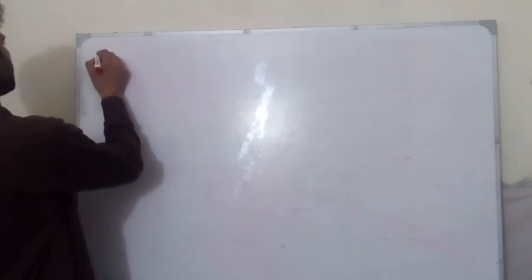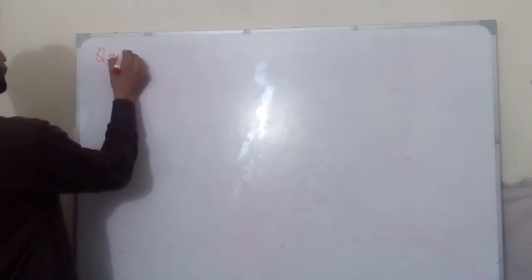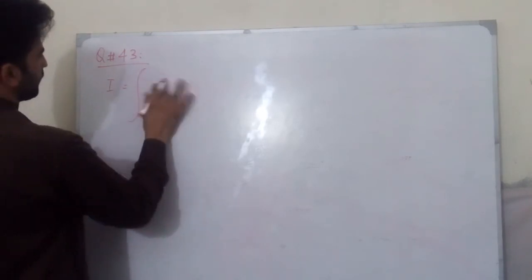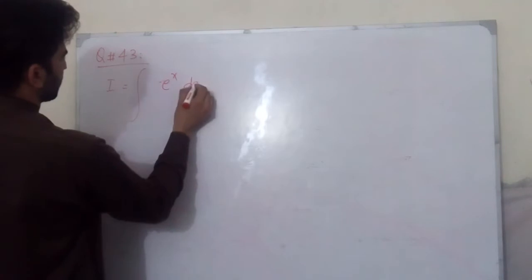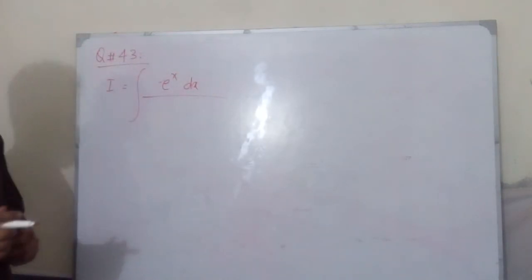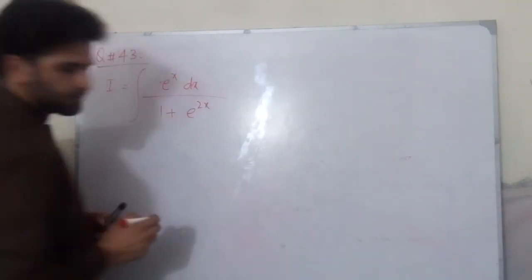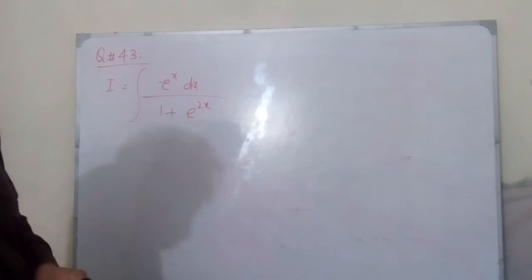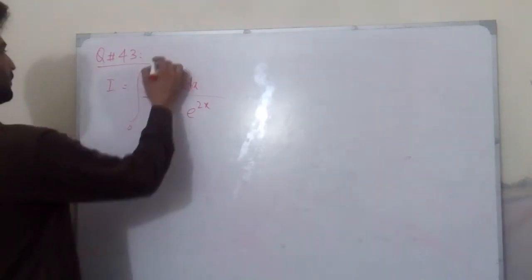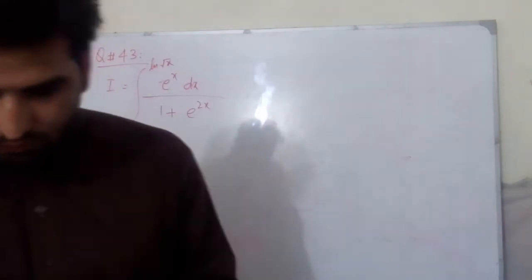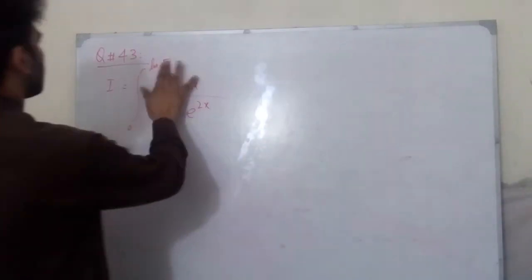So question 43: the integral of e power x dx over 1 plus e power 2x, from 0 to natural log of root 3.